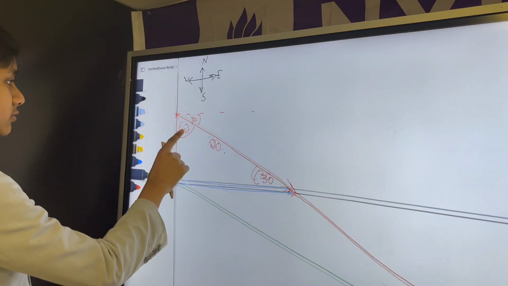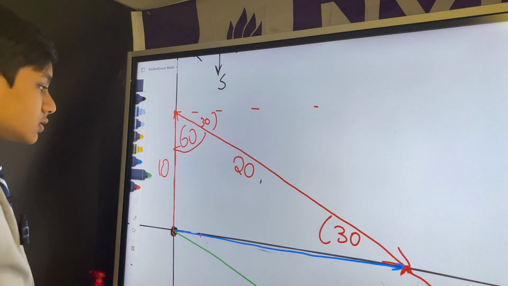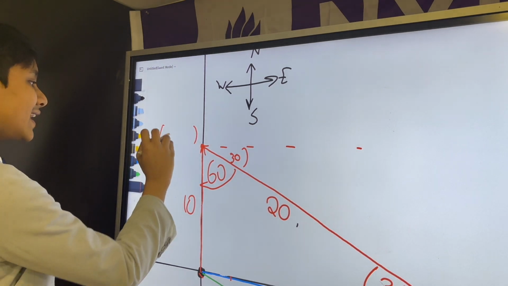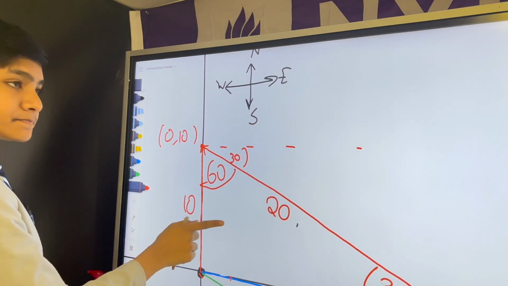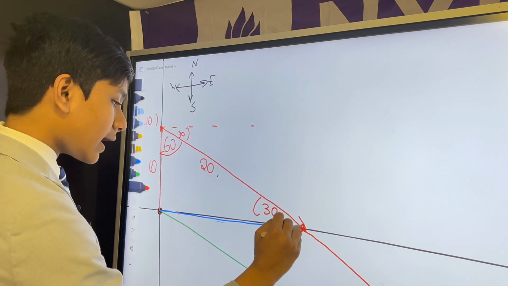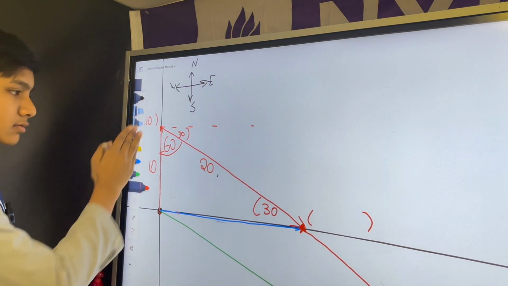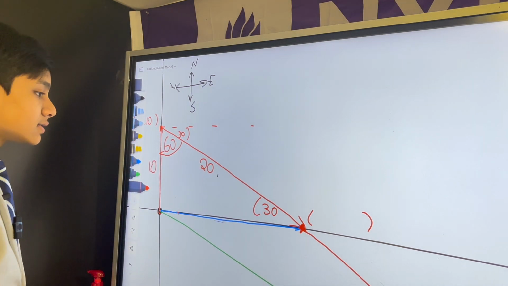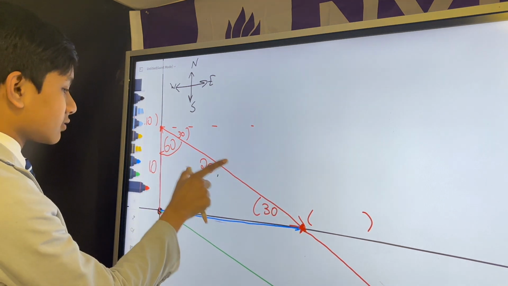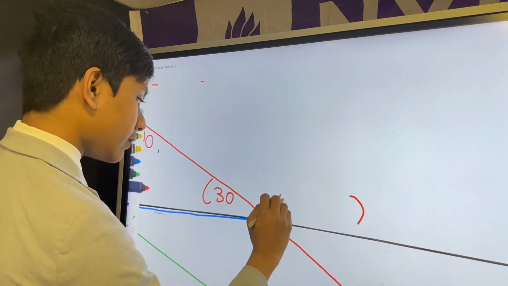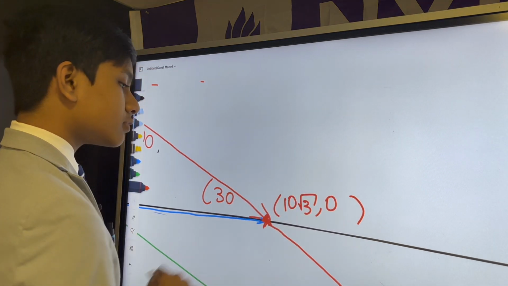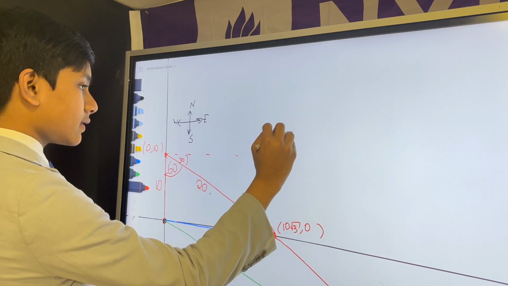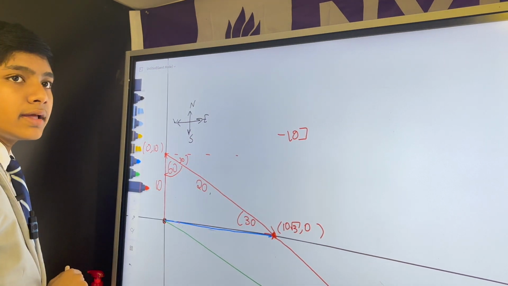Well, this time we can do something very simple as well. As you can see, this point right here is 0, 10, since you went 10 units up. Now, this point right here, which is 20 meters away, 30 degrees southeast, brings you to 10 root 3, 0, which means that this translation is minus 10 in the y.